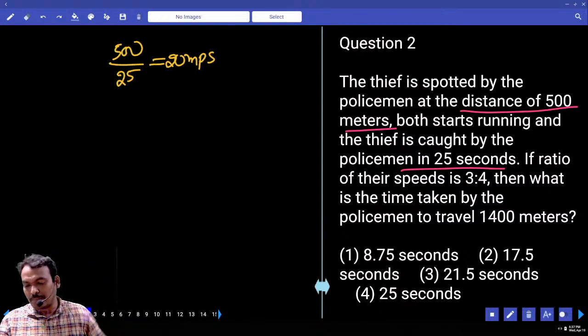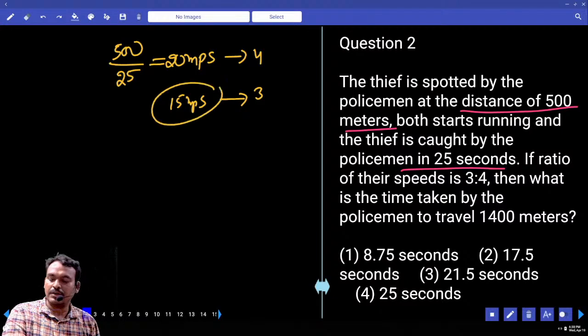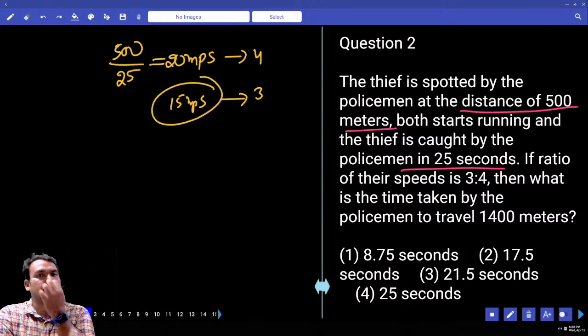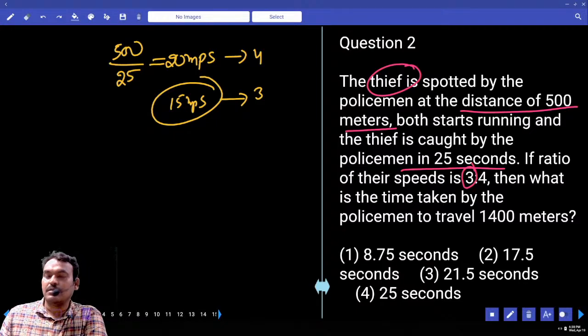The police speed, which is 4 parts. 4 parts are 20. What are the 3 parts? 15. That 15 is the speed of which one? The thief. The thief speed is how many parts? 3 parts or 4 parts?